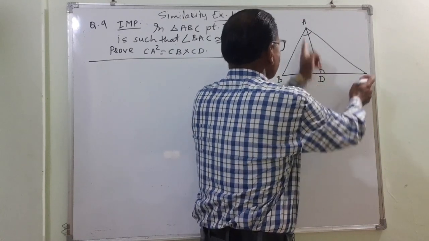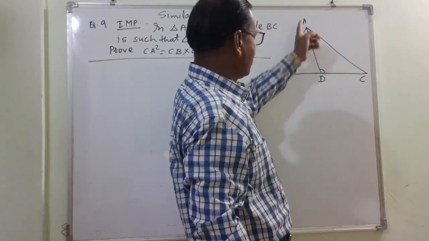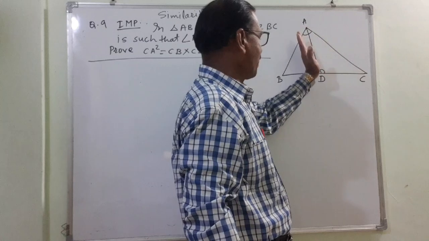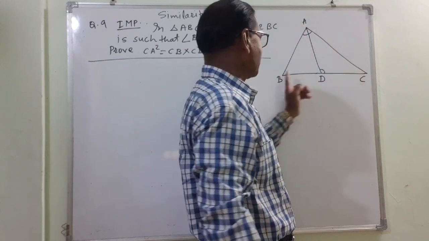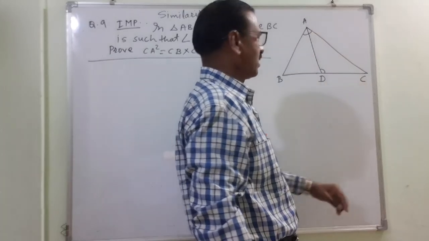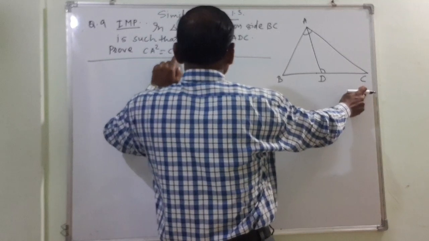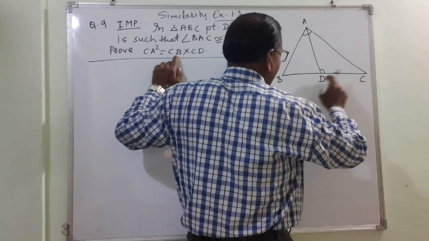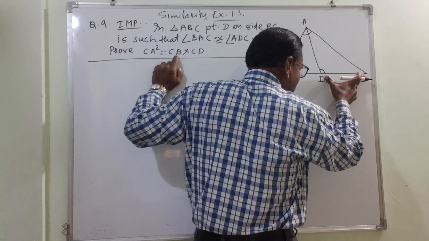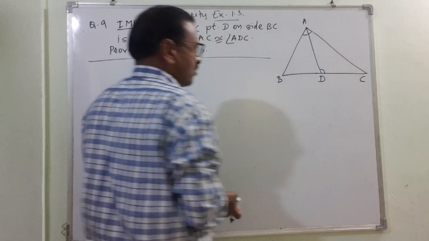CD is the side of this smaller triangle. So which two triangles I have to consider? AC is fixed for both of them. Triangle ADC I have to consider and triangle BAC I have to consider, because BC into CD, BC is the side of this bigger triangle and CD is the side of this smaller triangle.